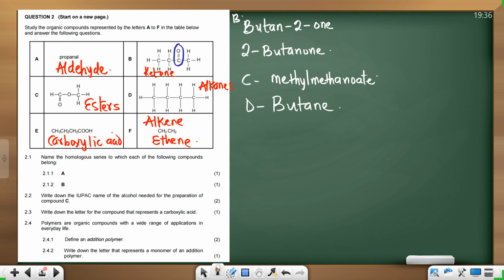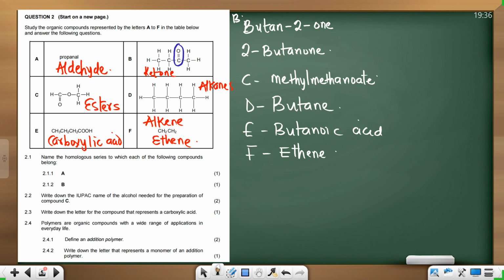What about E? 1, 2, 3, 4, 5, 6. Butanoic acid. All right. Butanoic acid. You guys are on fire. Let's go right tonight. And F has already been answered. Ethene. Guys, you would see how we are going to move now.